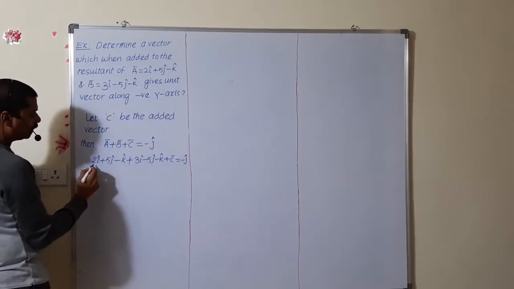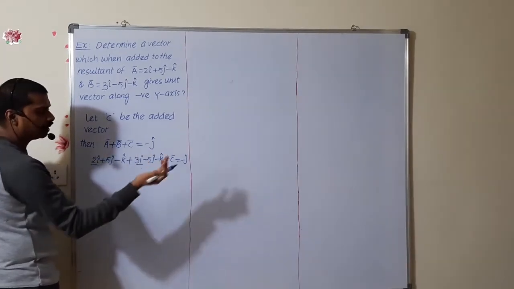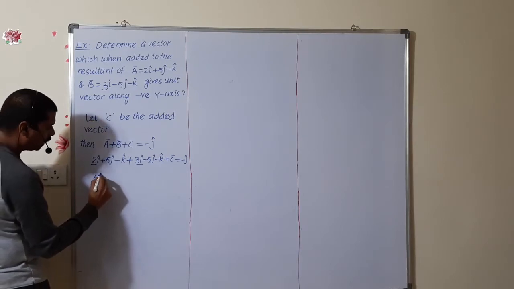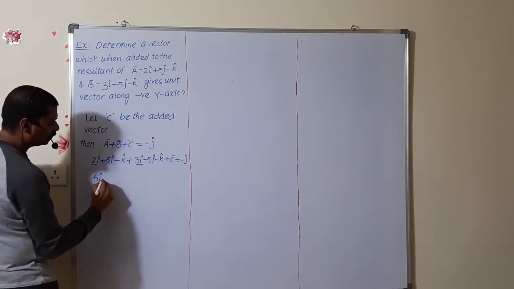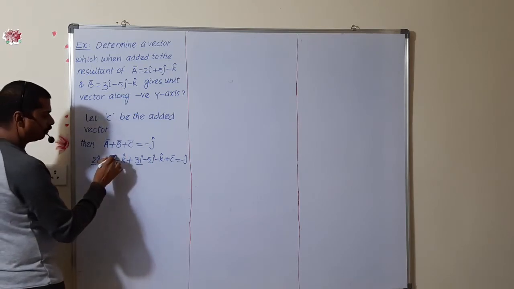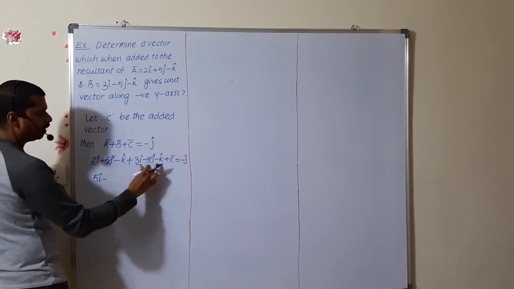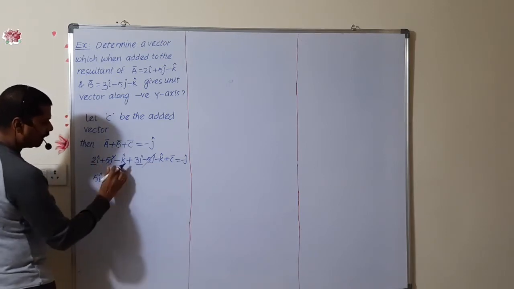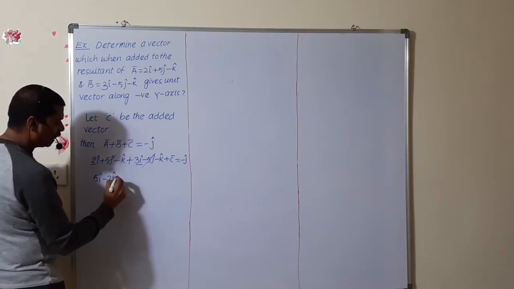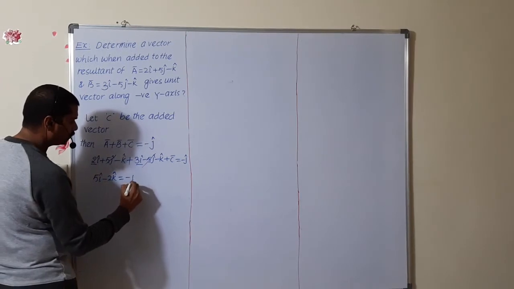Here you add the i, j, k components. Now here 5 i cap, plus 5 j cap minus 5 j cap should be cancelled, and here minus 2 k cap, minus 2 j cap is equal to minus j.